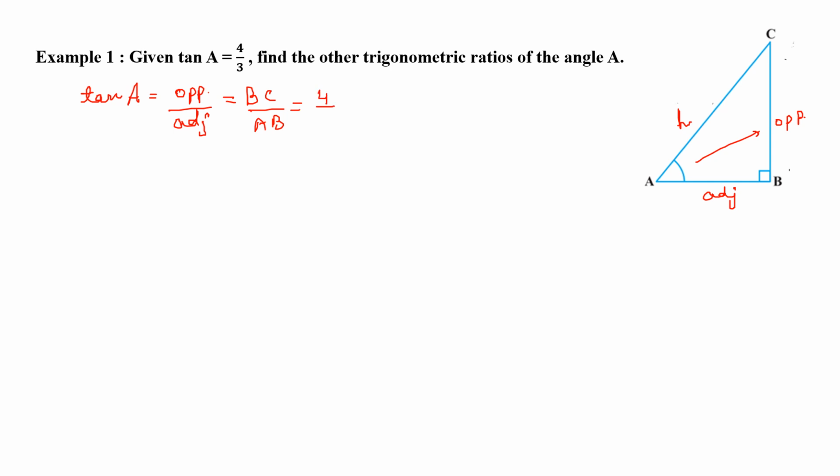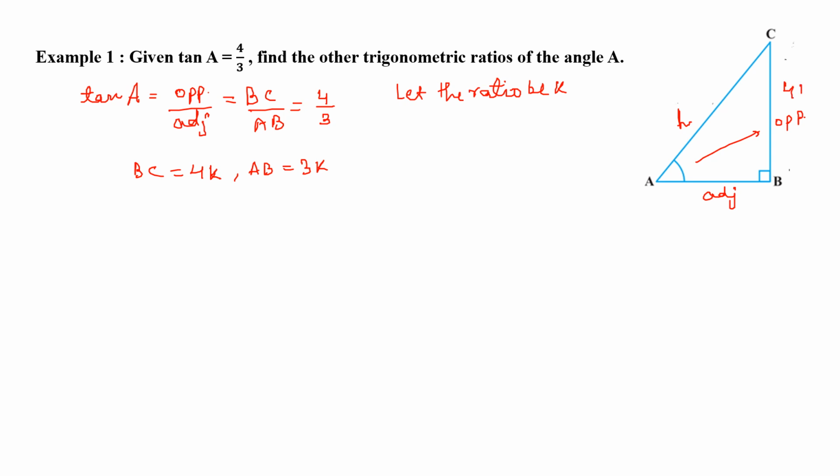And this ratio is given as 4 by 3. And if I assume the ratio as K, so you will get BC equal to 4K and AB equal to 3K. Okay, let the ratio be K.